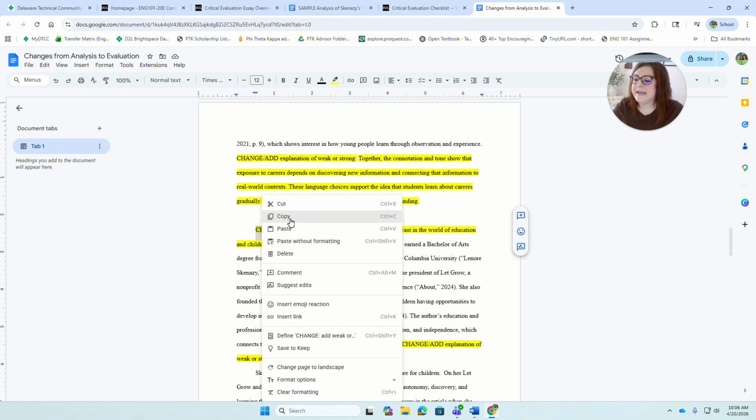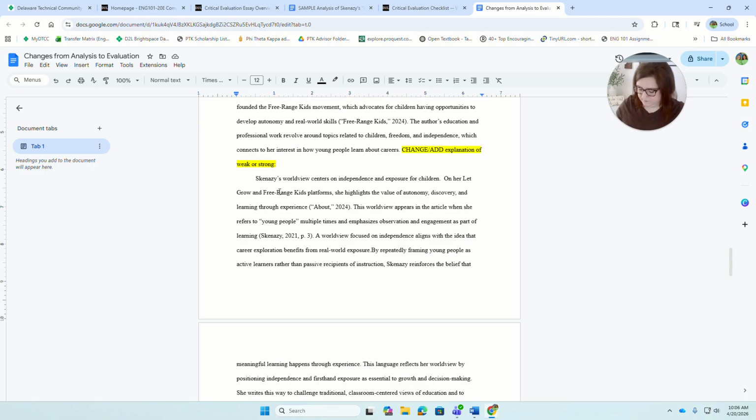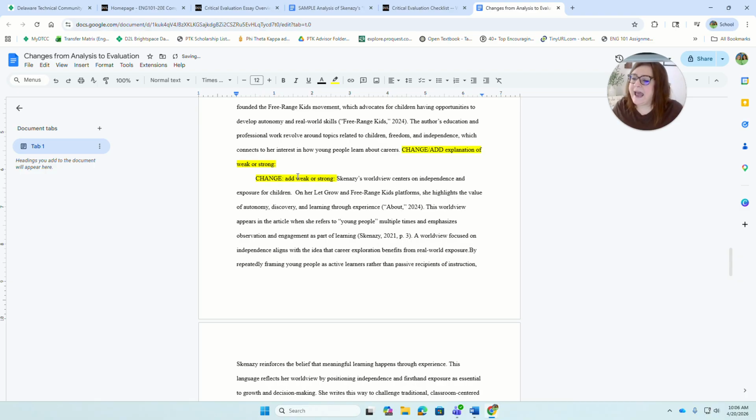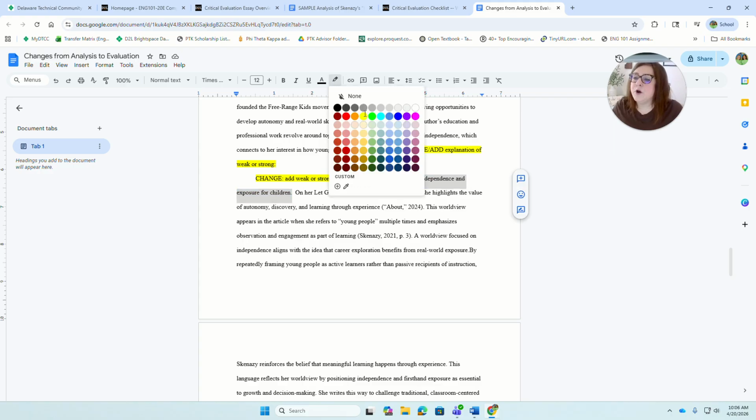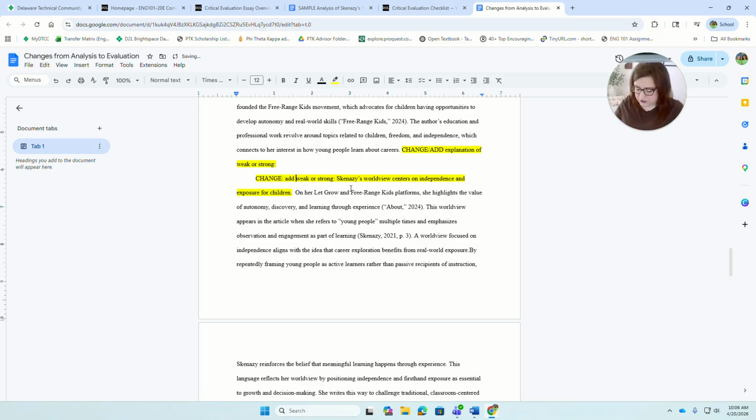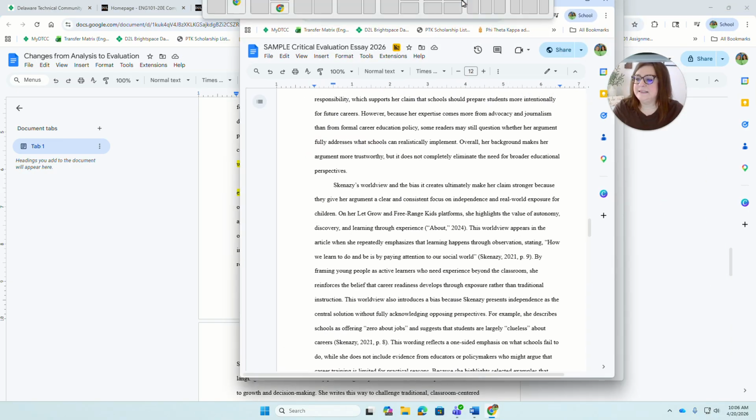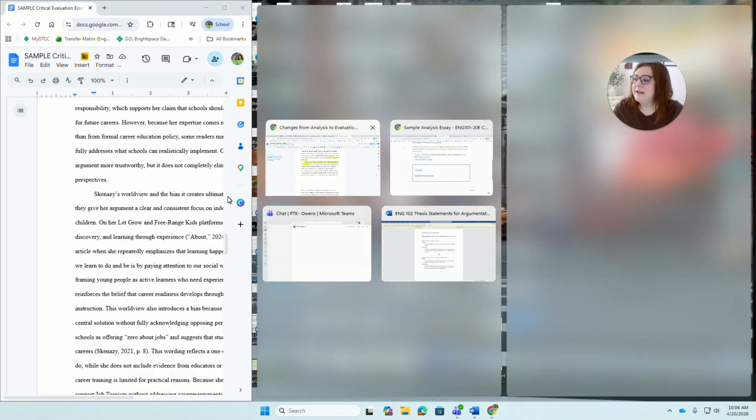In the worldview section, I'm going to add bias, and I'm going to add weak or strong. Okay? So that by the time I'm done, it's going to look like this.